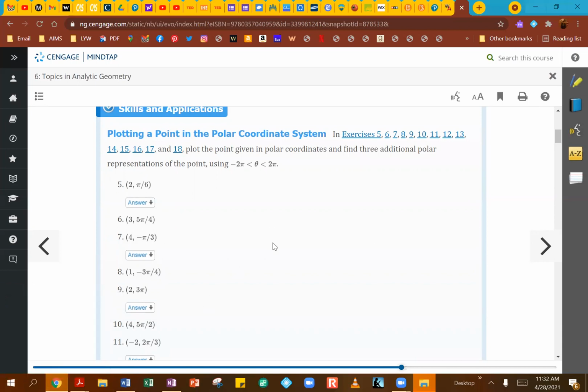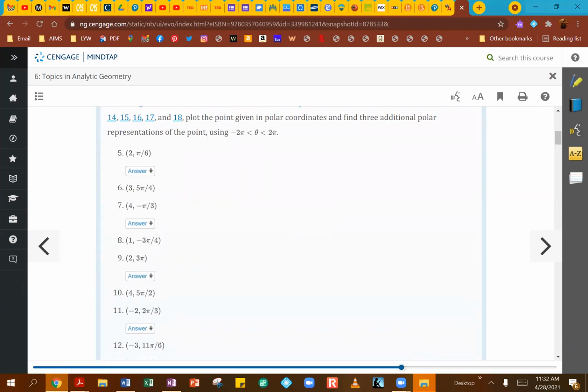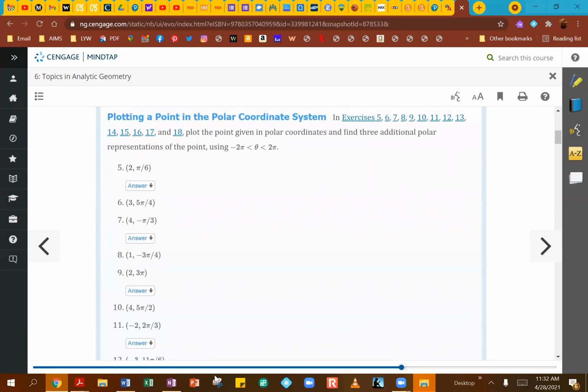So for number 8, they are giving us: plot the point given in polar coordinates and then find 3 additional polar representations, letting our angle range from -2 pi to +2 pi.